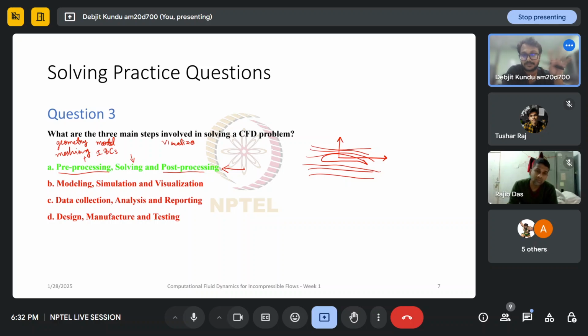Pre-processing, which involves setting up the geometry, mesh, models, conditions, etc. Solving, which is performing the actual calculations, and post-processing, where you visualize the flow fields as well as answer different questions pertaining to it, like finding out the drag forces, the gradients, heat transfer, and all that. There could be a lot of things which fall under post-processing.